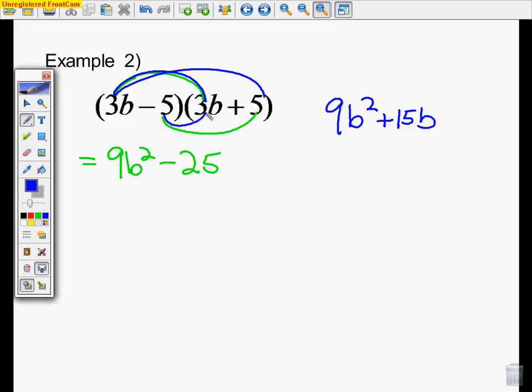Negative 5 times 3b, that's negative 15b. And negative 5 times 5 is negative 25. Add our like terms. 15b and negative 15b cancel out, leaving you with 9b squared minus 25. And there we go. That's our answer. So notice that we get the same thing. However, using the sum and difference pattern might save you a little bit of time.